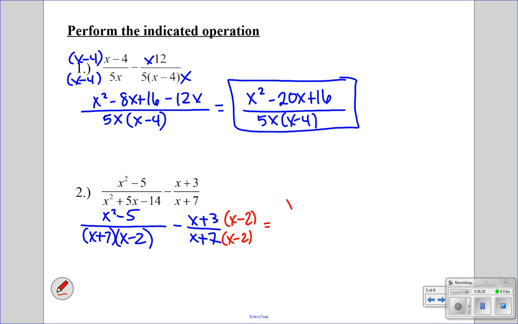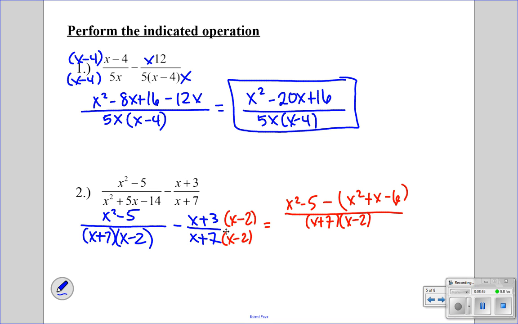So what we have is x squared minus 5 minus, and we'll FOIL the second one, x squared plus x minus 6, all over x plus 7, x minus 2. Don't forget to distribute that negative out when we combine like terms.